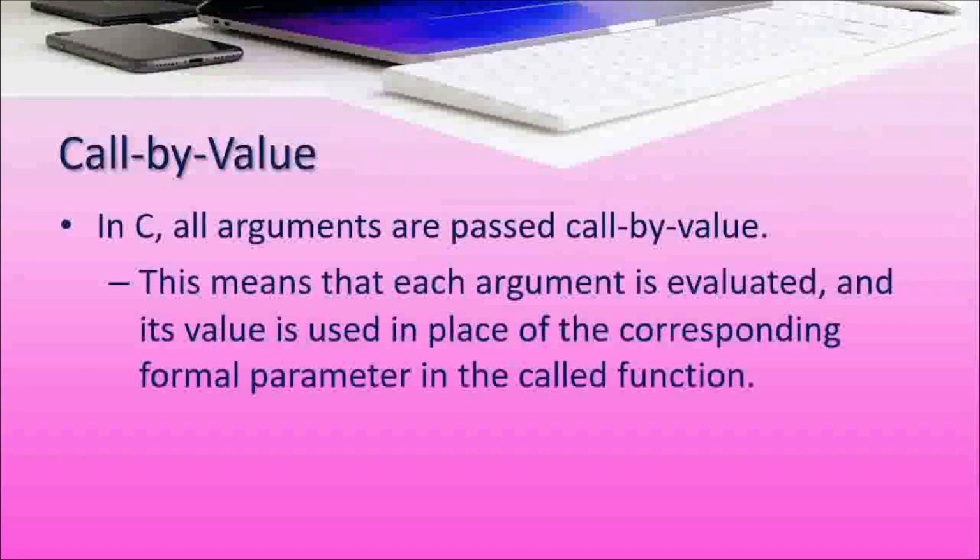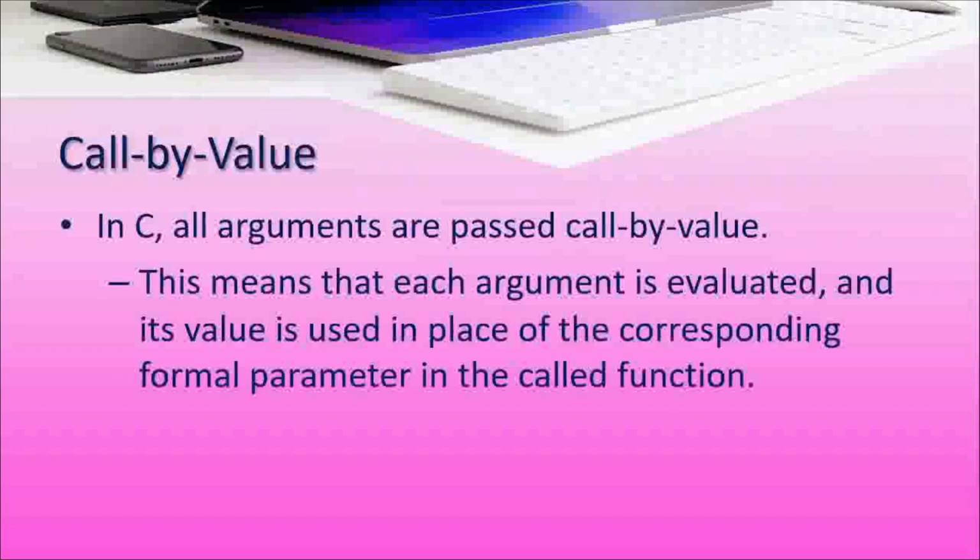This means that each argument is evaluated and its value is used in place of the corresponding formal parameter in the called function. The formal parameter is what we specify when we declare a particular function: that this type of parameter is to be given for this function.